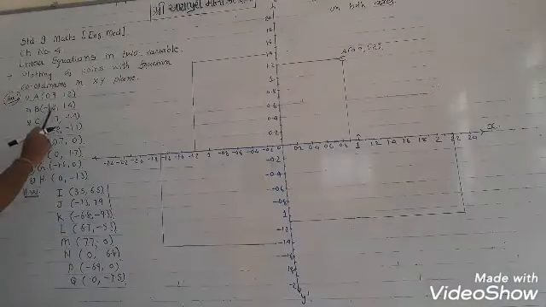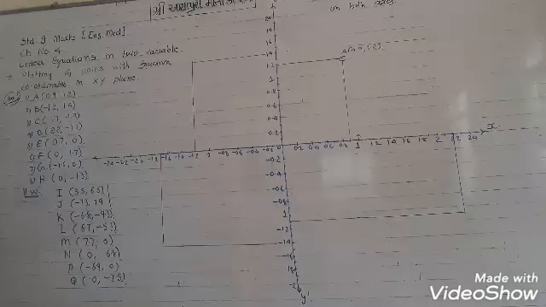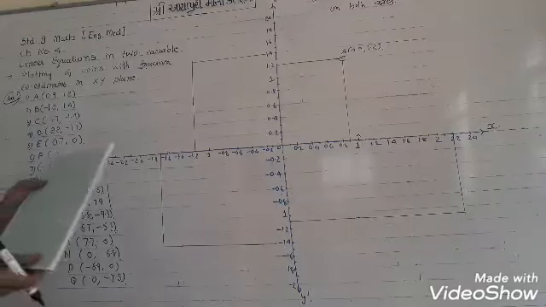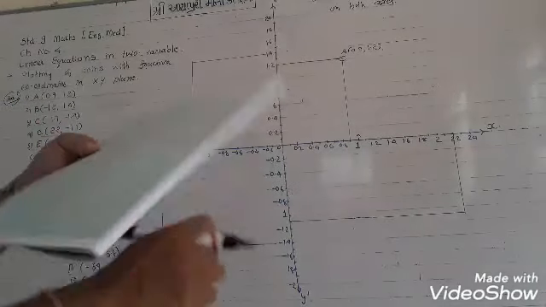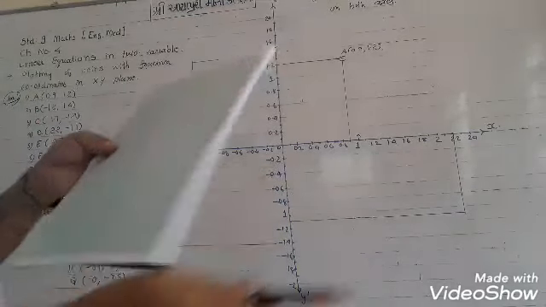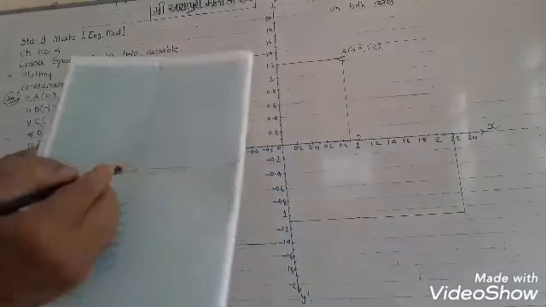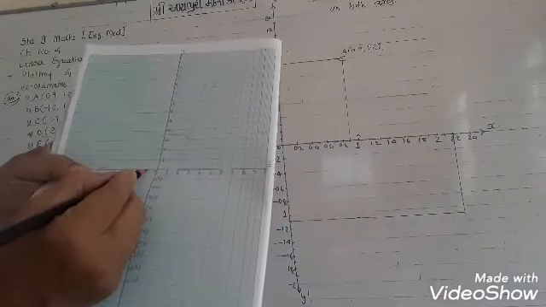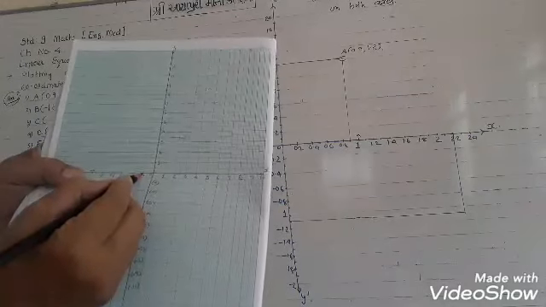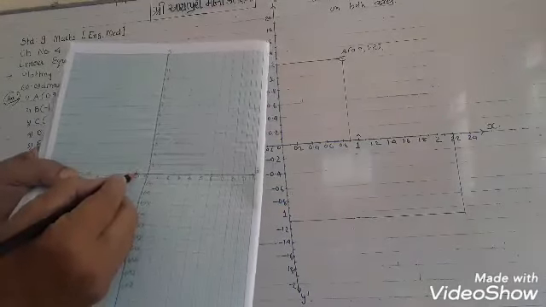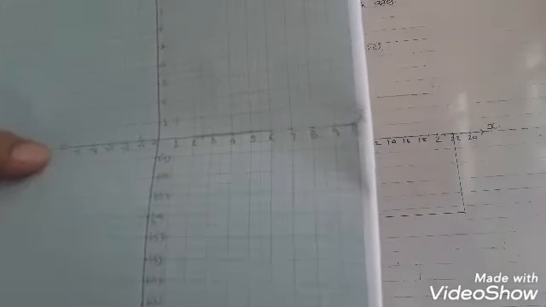Second, minus 1.2 and 1.4. Where is 1.2 here? There is no 1.2 marked. Minus 1.2, that is minus, then move two parts: 0.1, 0.2, that is your 0.1.